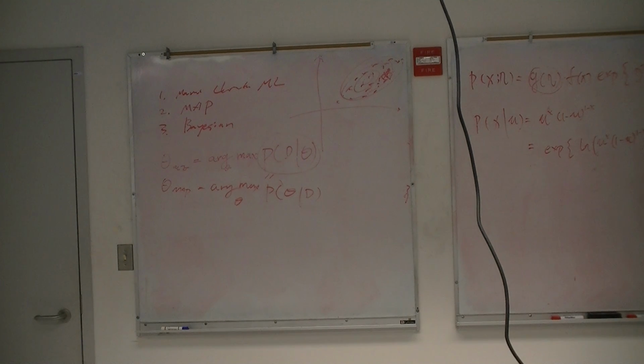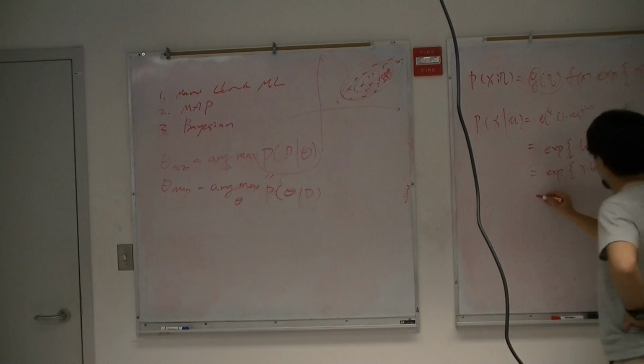We can do this. And then this is equal to dx x log mu plus 1 minus x log 1 minus mu. This is the exponent.